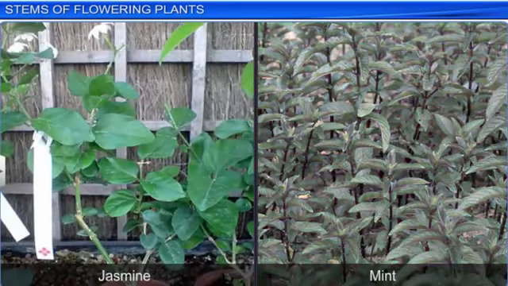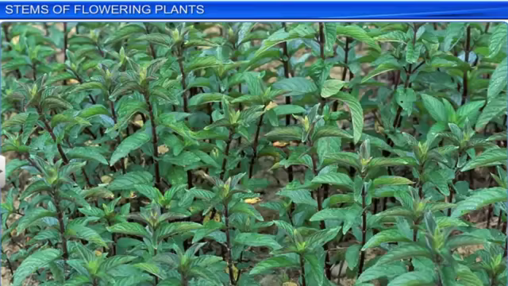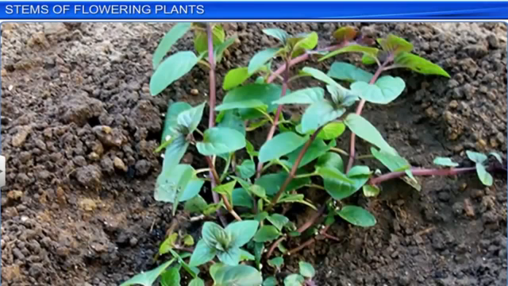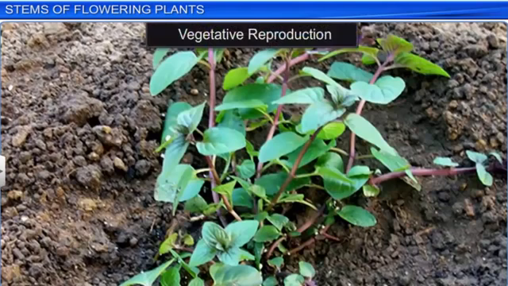In plants like jasmine and mint, slender lateral branches arise from the base of the main stem. Initially, these branches grow aerially. Later, they bend to touch the ground and form a new plant. Therefore, these modified stems help in vegetative reproduction.